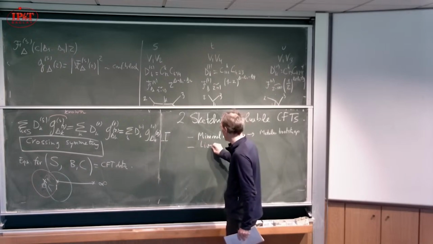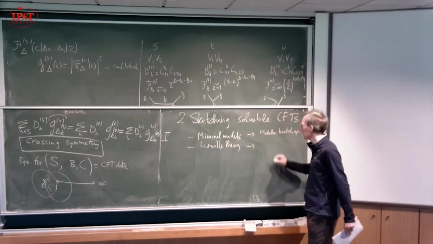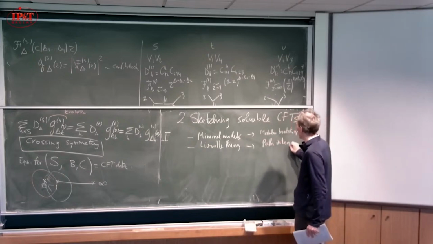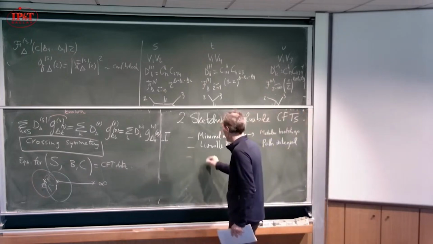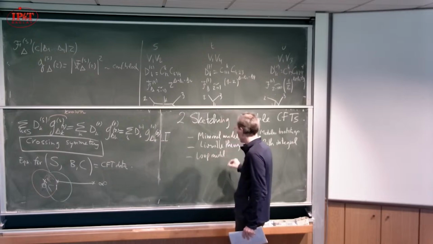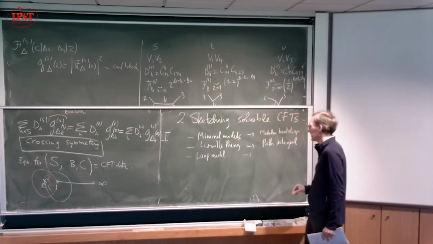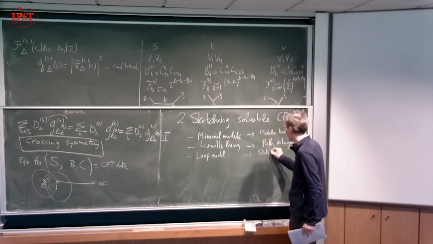Historically, Liouville theory was defined using path integrals. If you look at loop models, by which I mean the O(n) or Potts models, they were constructed using statistical sums on the lattice.